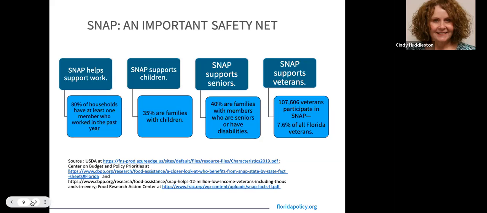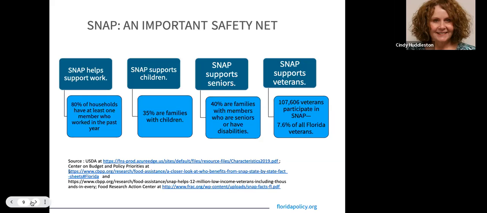But SNAP is also an important safety net for all Floridians, not just for households who have children or for households with seniors or persons with disabilities, but also for other Floridians who are often ineligible for other safety net programs like TANF or Medicaid because they don't have a child, or they don't have a disability, or they aren't a senior.